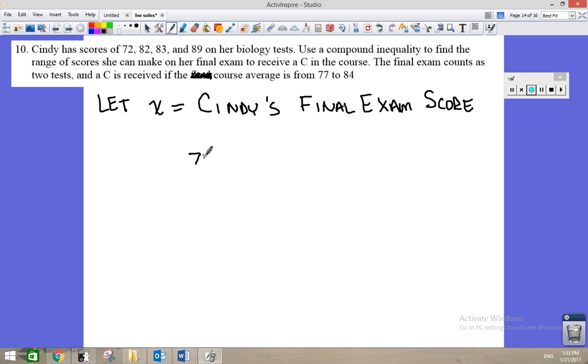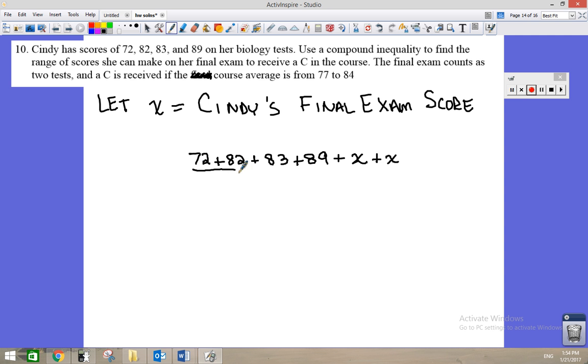She scored a 72, an 82, an 83, an 89 on her tests through the regular semester. Her final exam score is x, and we don't know what that is. But we have to be careful. It says the final exam counts as 2 tests, so I have to add in another x to make it count as 2.